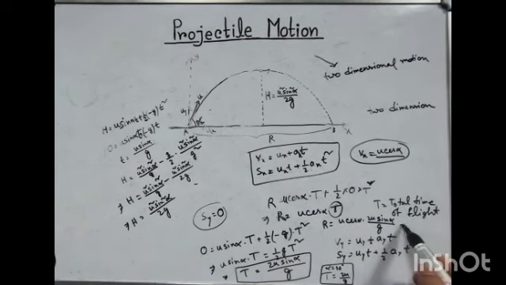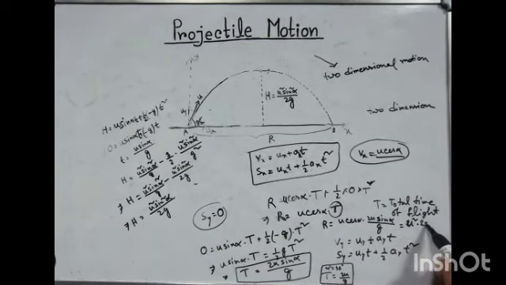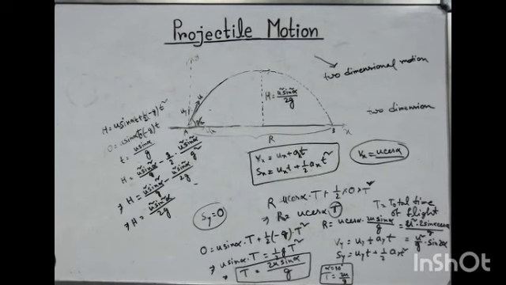So that will be 2u square sin alpha cos alpha by g, which is equal to u square by g into 2 sin alpha cos alpha, equal to sin 2 alpha. So u square by g into sin 2 alpha will be our horizontal range.